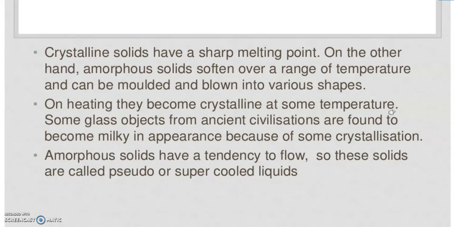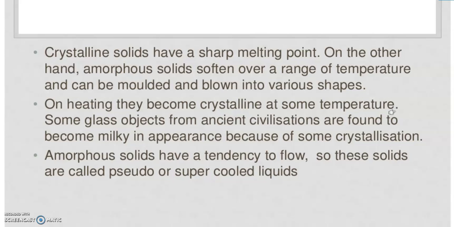If we take crystalline solids, they have a sharp melting point, whereas amorphous solids don't have a definite melting point. If we give some heat, they can be molded into various shapes.